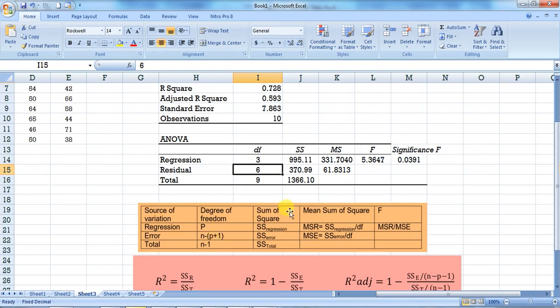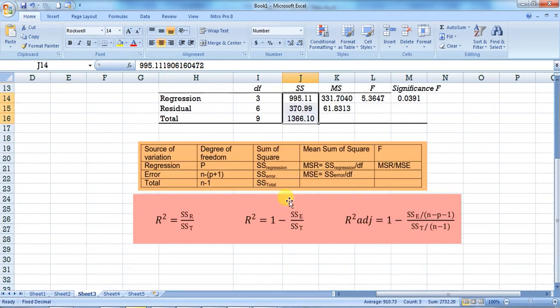So we will see how to calculate the R square. We can see that the values are present in the sum of square for regression, residual, and total. R square is calculated as sum of square due to regression divided by sum of square due to total.